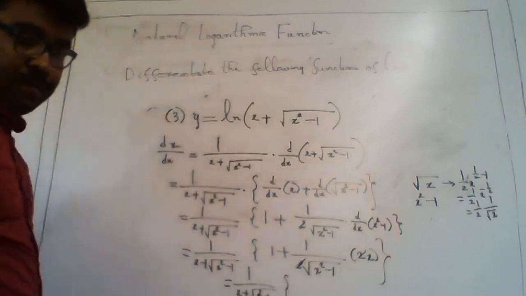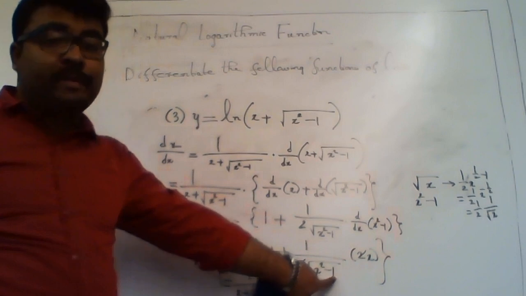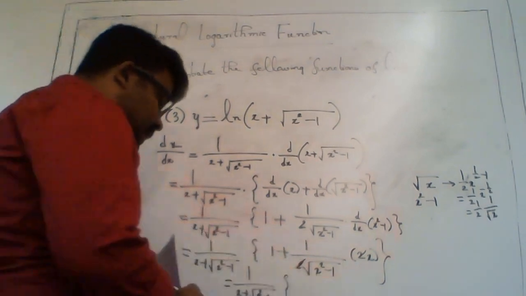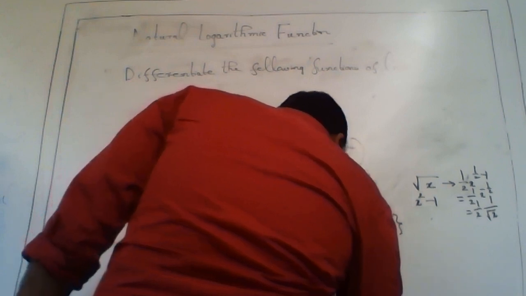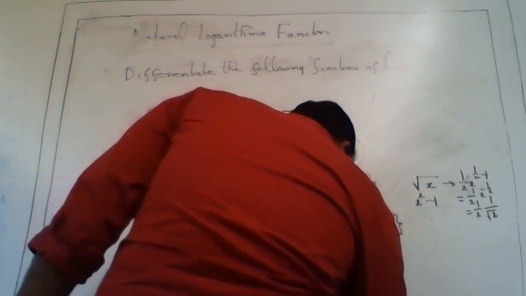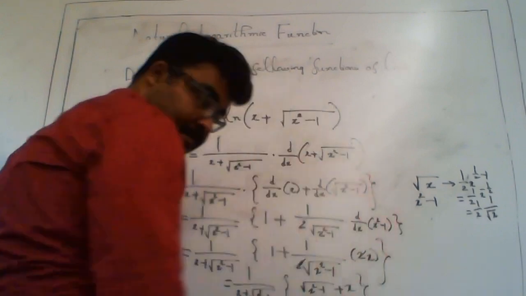times 1 plus x by square root of x squared minus 1. So you can write this as square root of x squared minus 1 plus x, by square root of x squared minus 1, right?